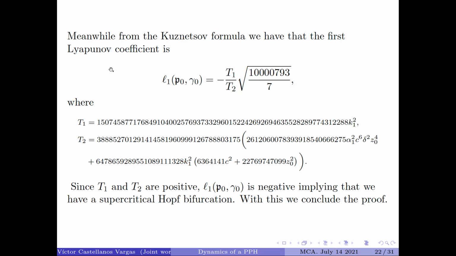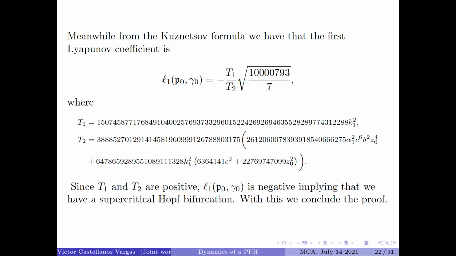To compute this number is very, very difficult. To compute it, you use mathematical software to do the operations.